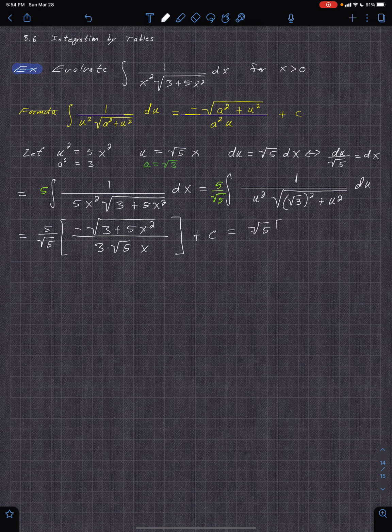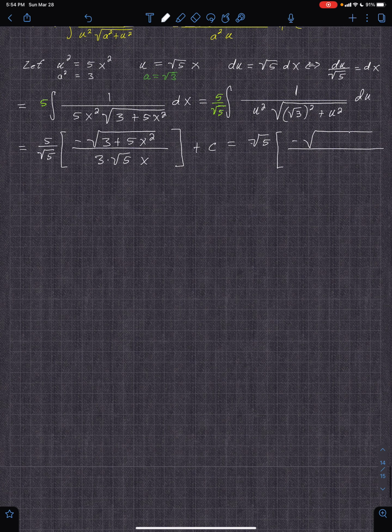This is just some algebraic manipulation, it's arithmetic, I don't know what you want to call it. Square root of 3 plus 5x squared over 3x root 5.